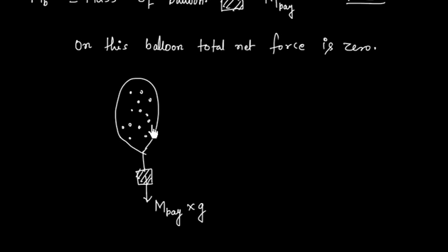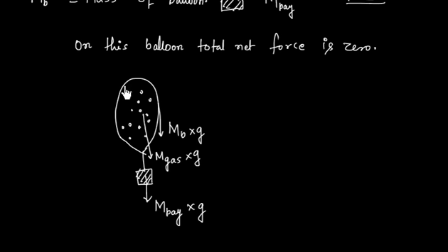So this will be mass of gas times the gravitational constant g. Let us call this force mass of gas into g. There will be another force, that is mass of balloon times g.